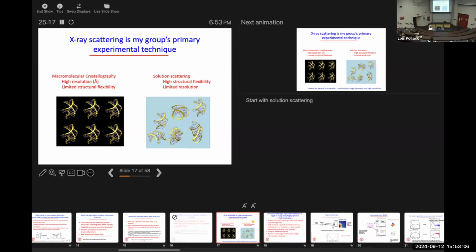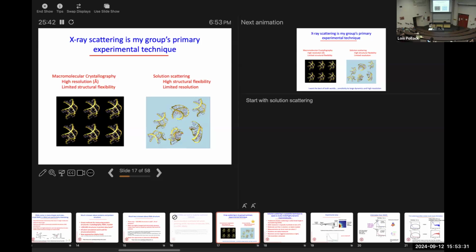You can actually get these molecules to arrange in a fixed orientation, and you can grow a crystal of proteins or RNA. And when you shine X-rays on this, because the molecules are all oriented, you get very, very high resolution, kind of angstrom scale, which is atomic scale. You can measure a structure with atomic resolution this way.